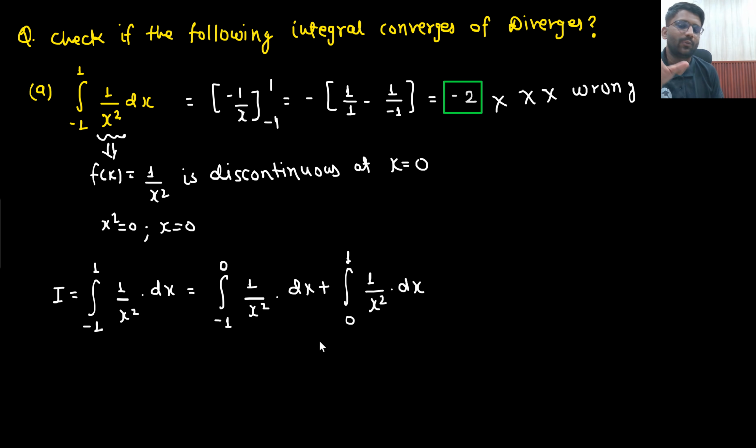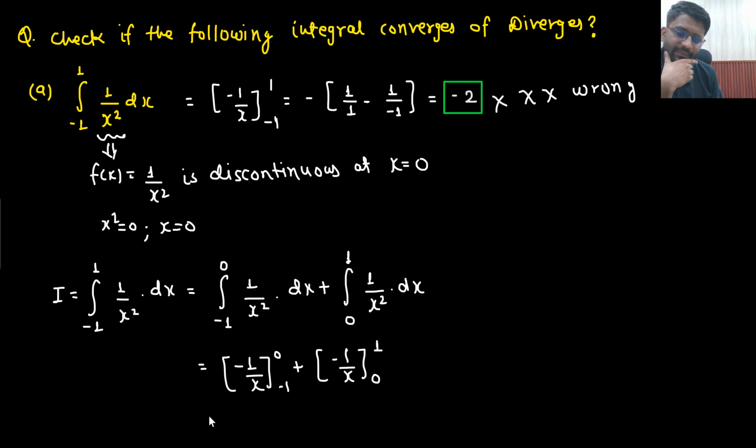This is how you need to break it down. So minus 1 by x from minus 1 to 0, plus minus 1 by x from 0 to 1.